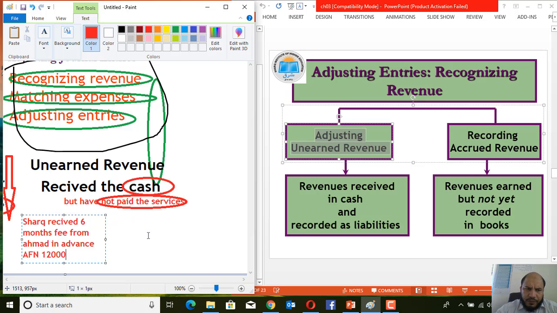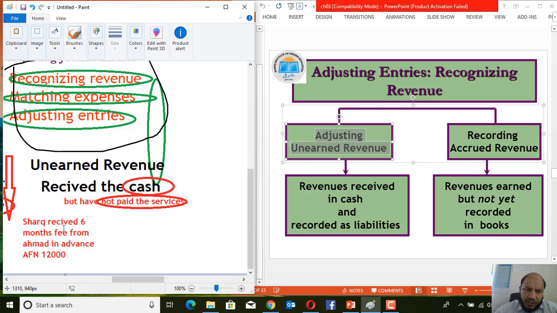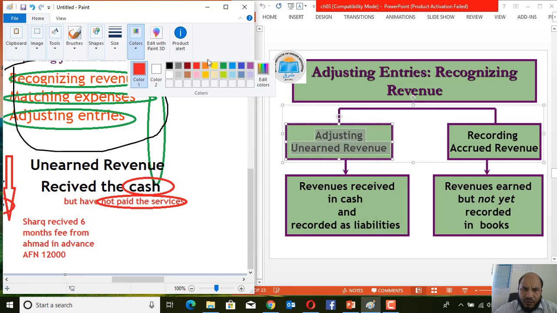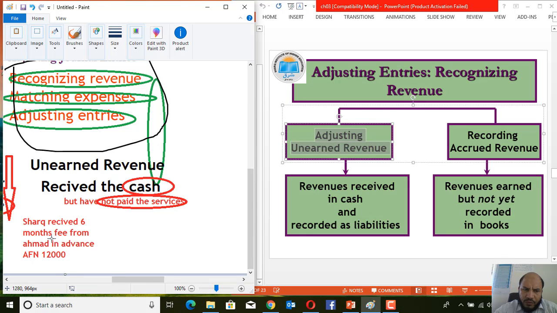So dear students, here you may say that Sharq received cash from Ahmad, but this cash is in advance. This means that Sharq has not provided these services until now, because we received the money in advance, and this money is for 6 months.